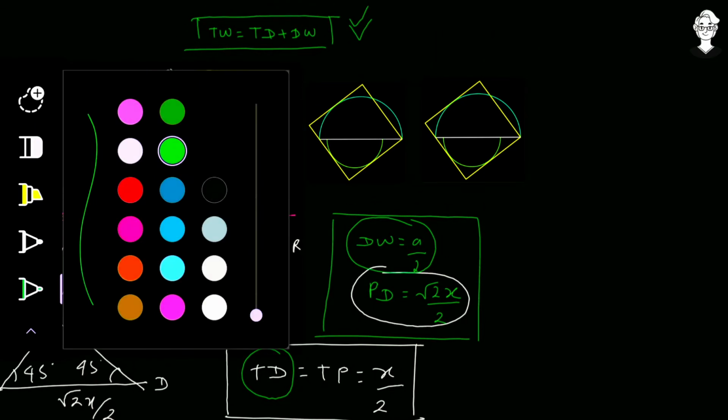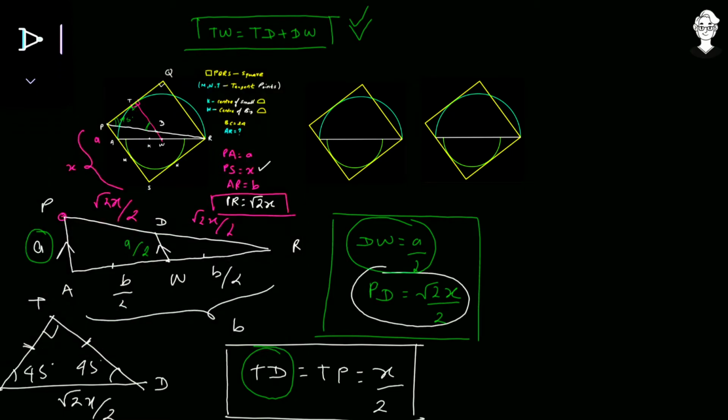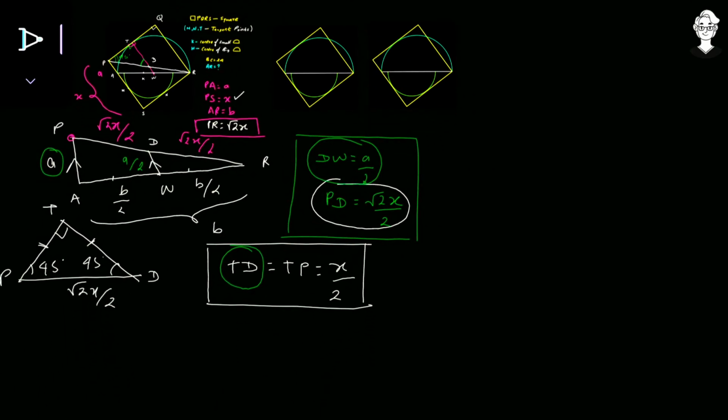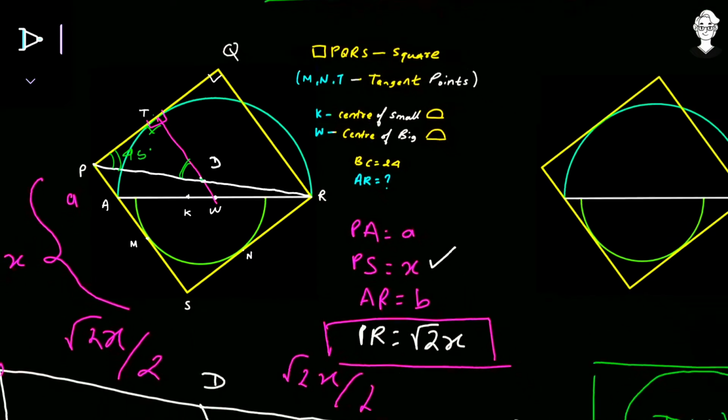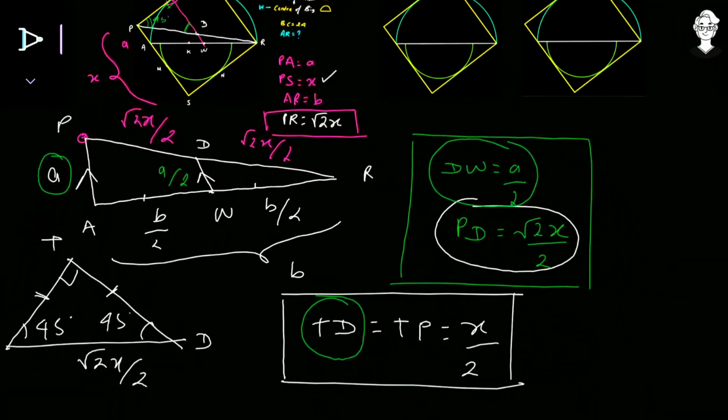So I had an equation that TW is equal to TD plus DW. Now what was TW in this original diagram? Look carefully. TW is nothing but the radius of this bigger semicircle. The diameter was already equal to B.